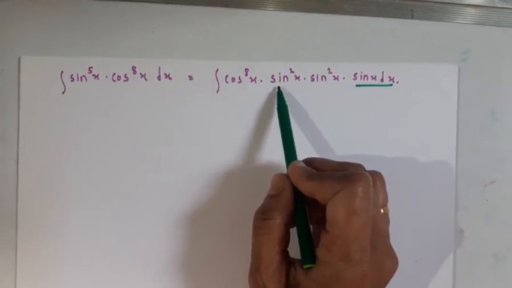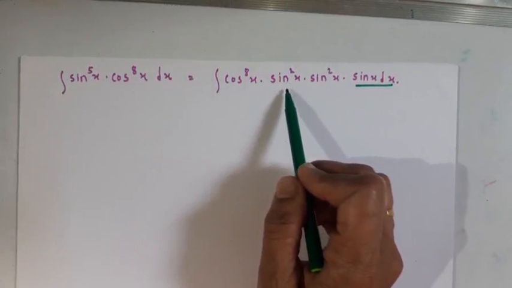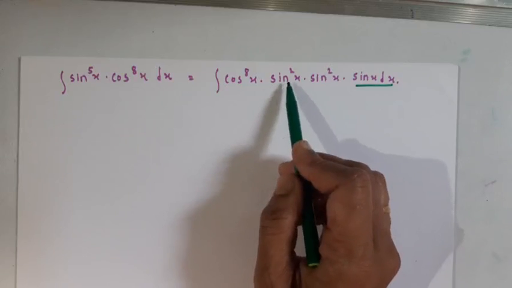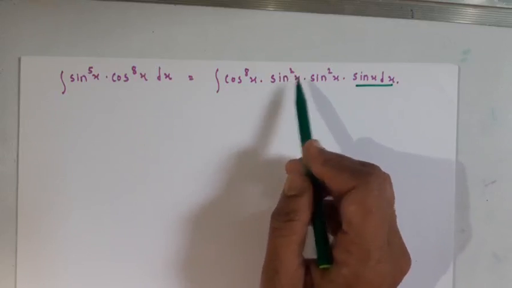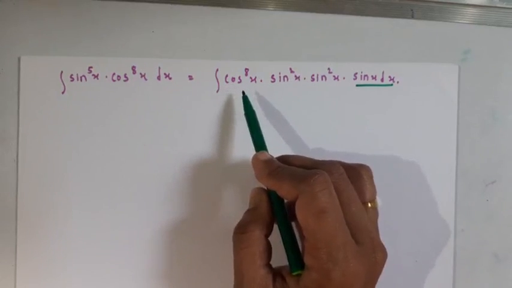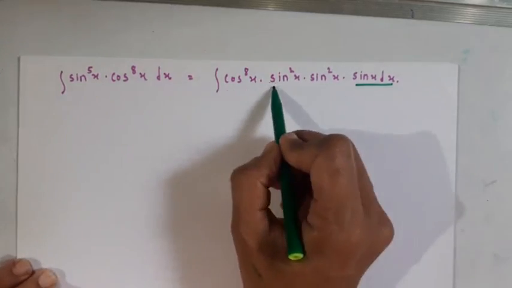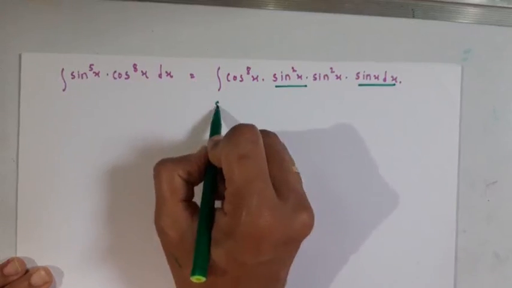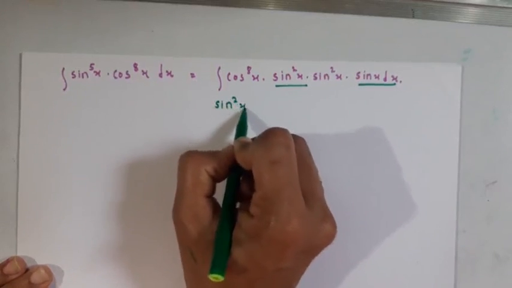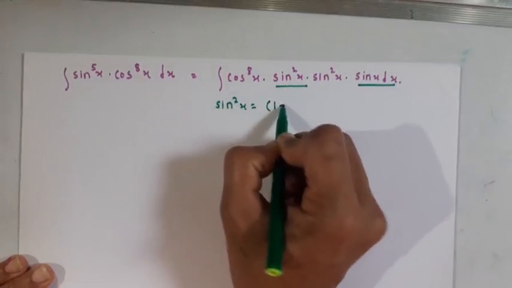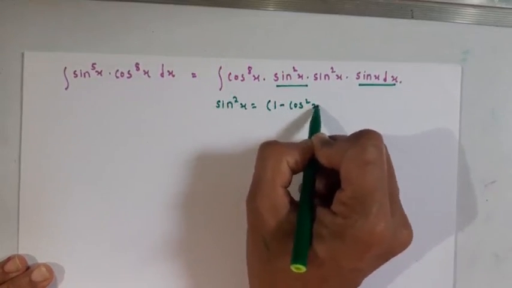And also by using sin square x plus cos square x equal to 1, we can convert this sin square x directly in terms of cos square. Okay, so this sin square x we can convert into 1 minus cos square x.